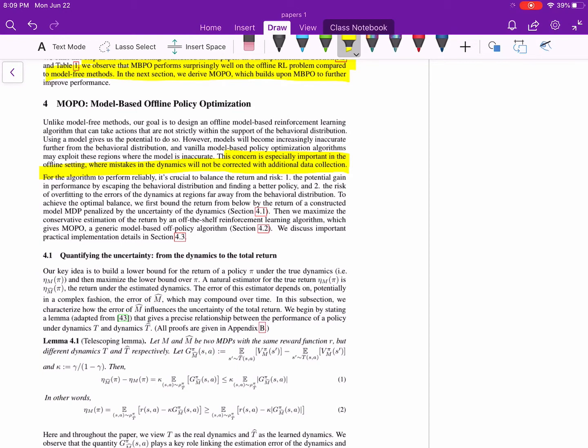To balance return and risk, you weigh the potential gain in performance by escaping the behavioral distribution against the risk of overfitting the errors of the dynamics at regions far away from it. So this section is split into the first part in section 4.1 and the second part in section 4.2. The practical implementation of the algorithm is in section 4.3.